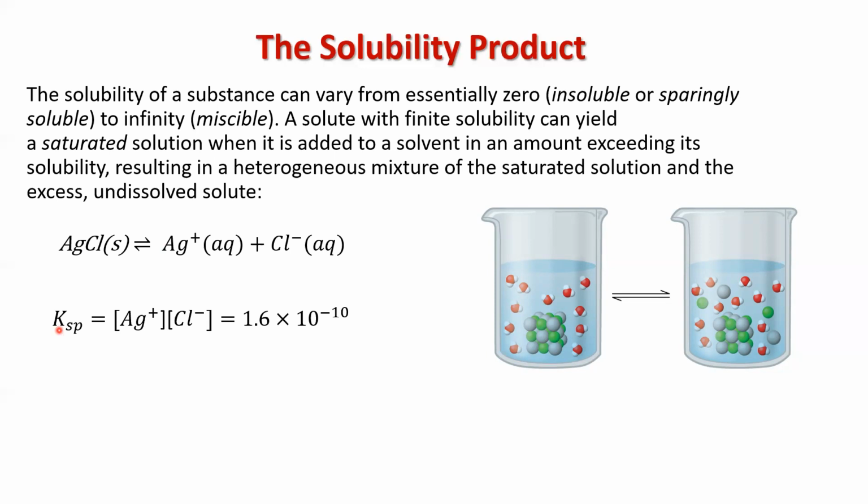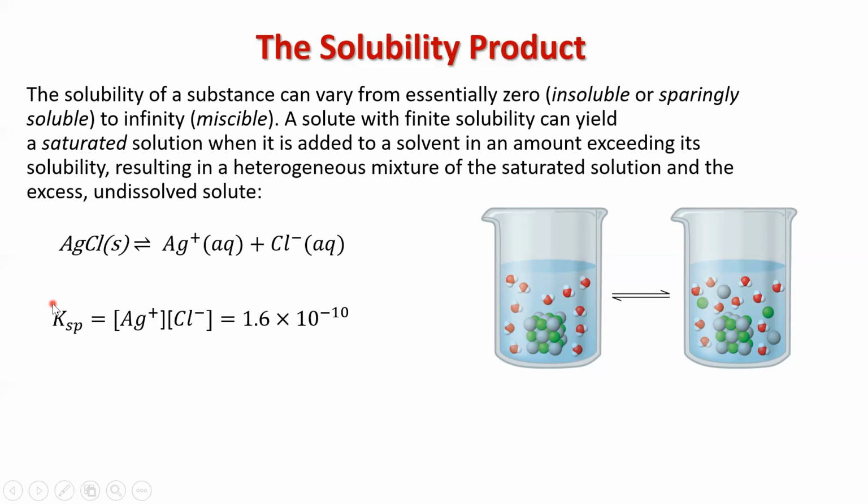We looked at Ka values when the substance was specifically an acid, or Kb when it was specifically a base, or Kw when we were looking at water. When we look at slightly soluble salts, we're going to use Ksp, which stands for solubility product. So Ksp is the solubility product constant.